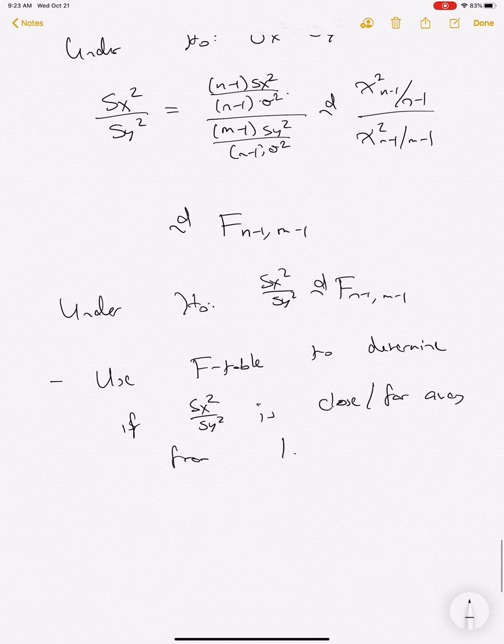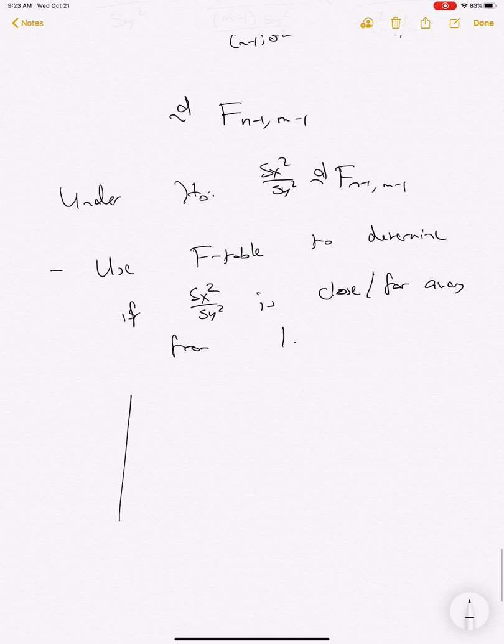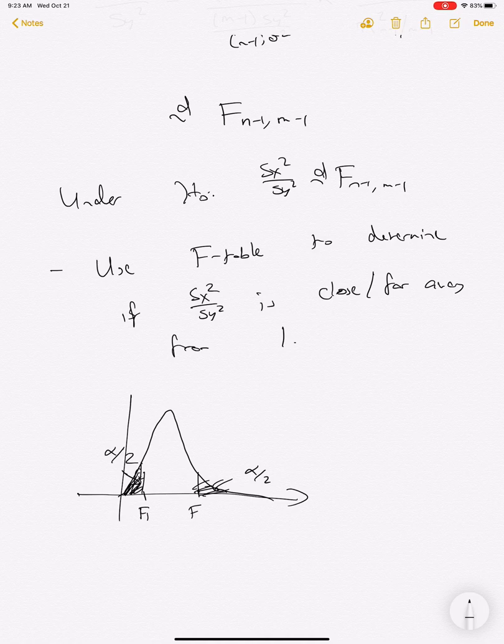And remember, this is going to be a two-sided test, so essentially the f statistic, or the f table, looks something like this, and we're going to be interested in this area being alpha over 2 and alpha over 2, say f1 and f2.